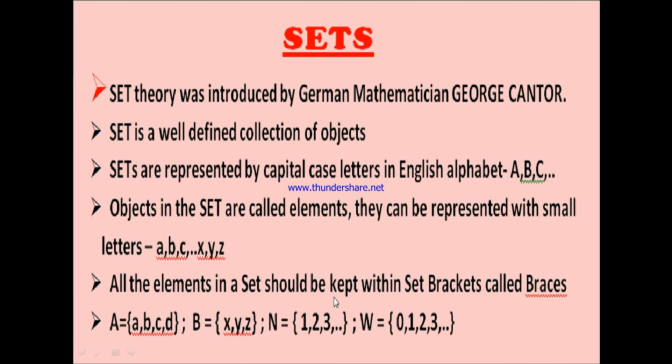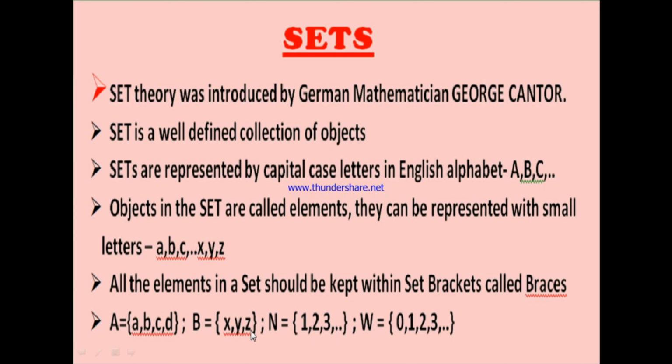All the elements in a set should be kept within set brackets called braces. Here is an example for sets. A is equal to the set of A, B, C, D, and B is equal to the set of X, Y, Z, and N is equal to the set of 1, 2, 3, and so on, and W is equal to the set of 0, 1, 2, 3, and so on.